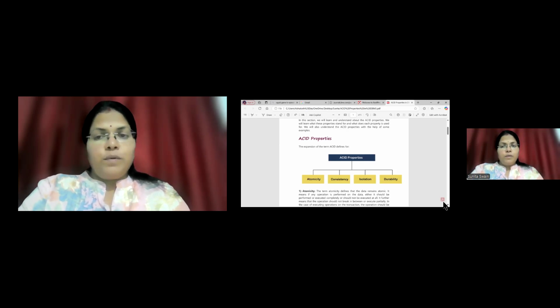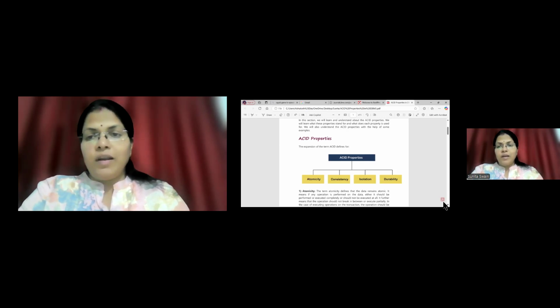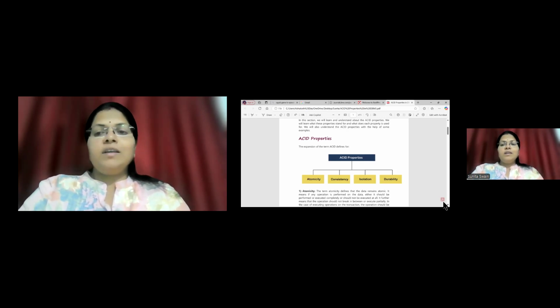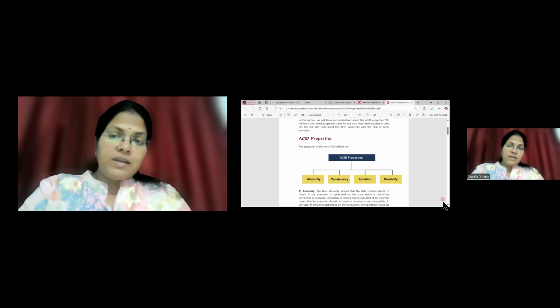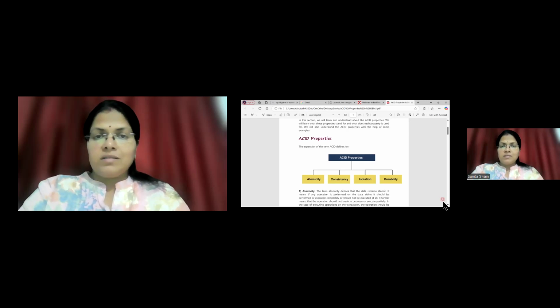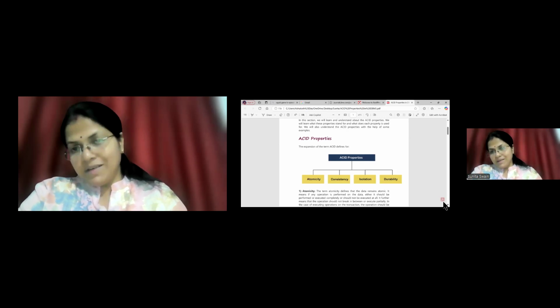Each and every operation should be isolated, means different transactions should not overlap. Each and every transaction should be complete. And finally, it should be committed. It should be properly updated.